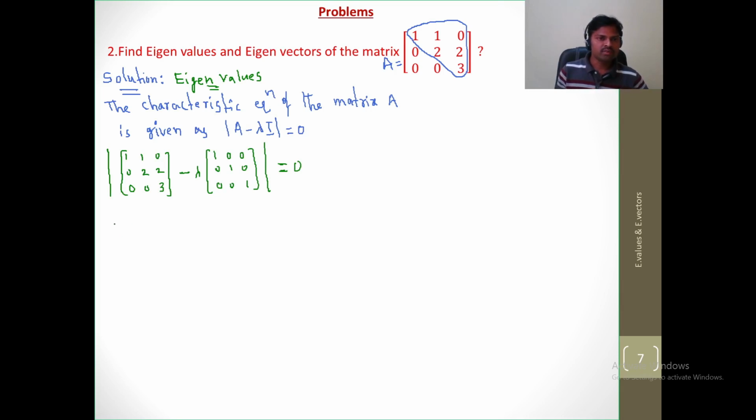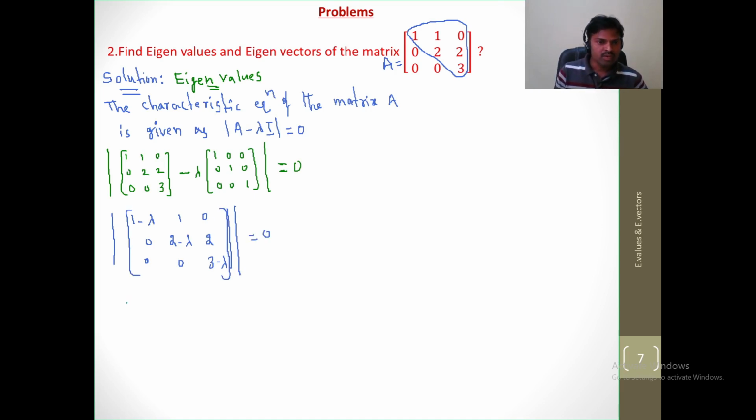So now let us simplify this. This is equivalent to: first row 1 minus lambda, 1, 0; next row 0, 2 minus lambda, 2; third row 0, 0, 3 minus lambda. And take the determinant of this matrix.